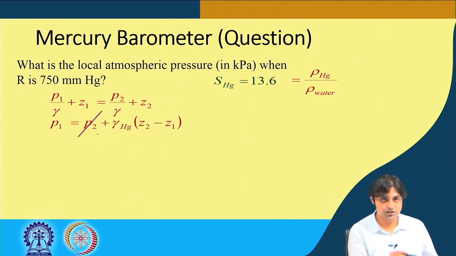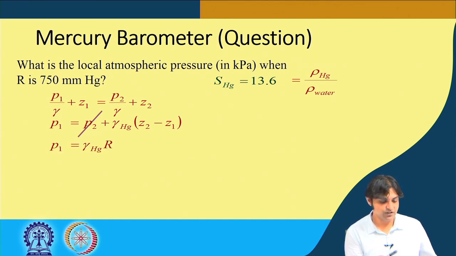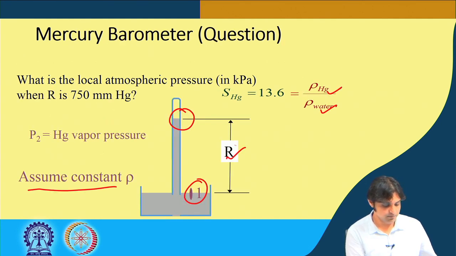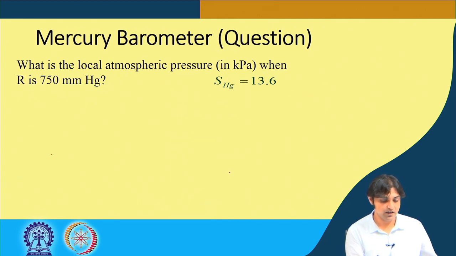P2 is atmospheric pressure. So atmospheric pressure we assume as gauge pressure, that can be assumed 0, okay, that you have read in fluid mechanics. So pressure at point 1 will be gamma Hg into R, because Z2 minus Z1 we have seen was R. If you just go back here, this P2 minus P1, Z2 minus Z1, this is 0.2, right. So this Z2 minus Z1 is R.